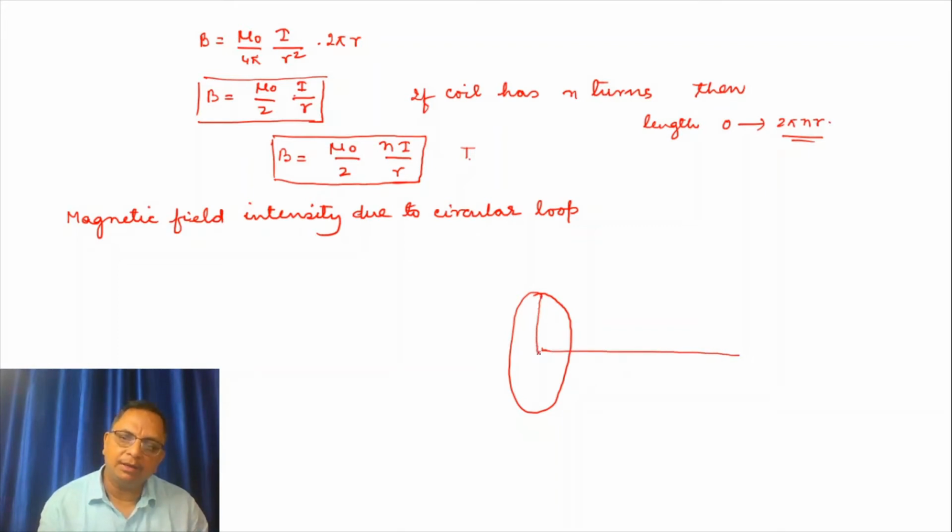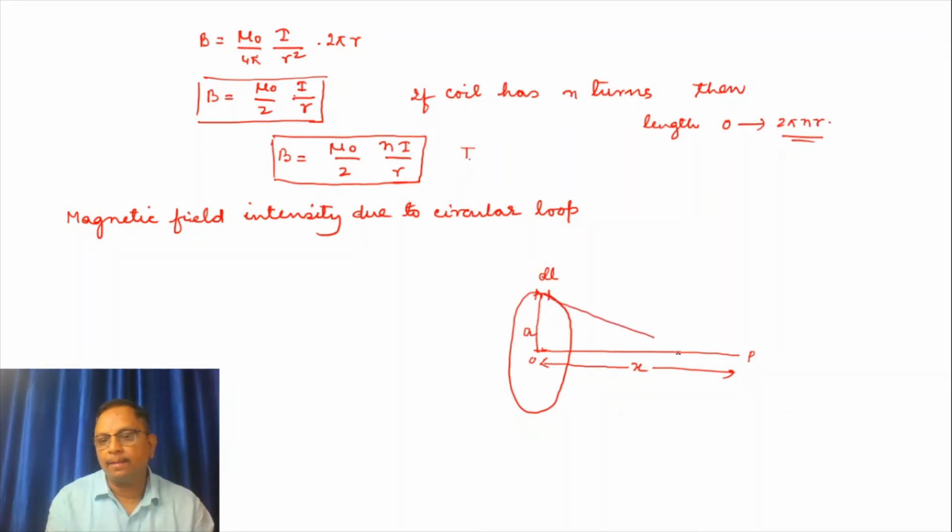Let the loop have radius a, and we take an x distance to point P where we consider the magnetic field intensity, and we consider dl here as a small element. Let P be the point here.